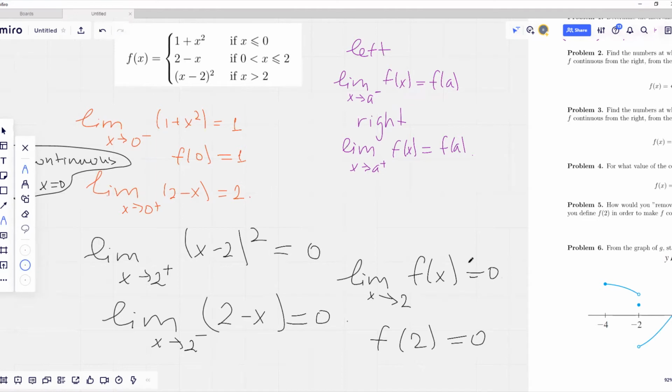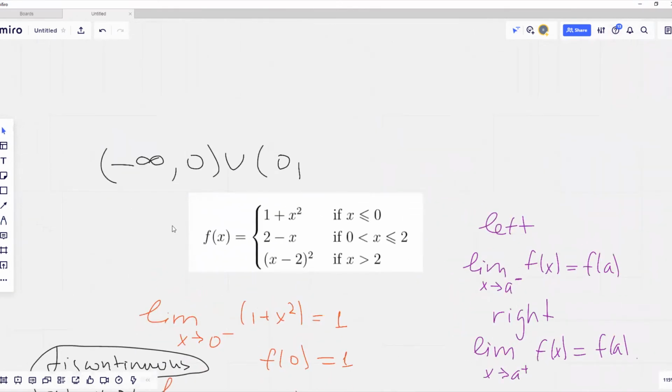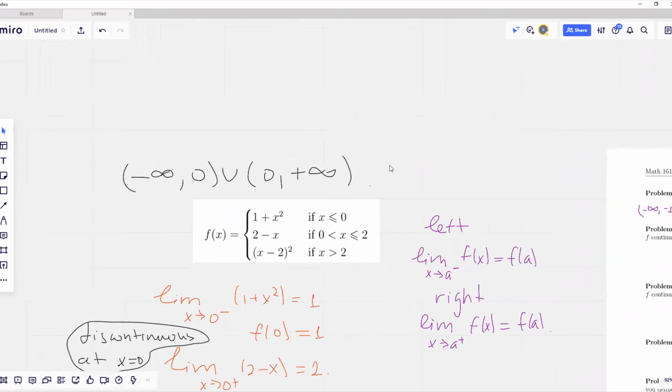So conditions for our function being continuous at point 2 are satisfied, meaning that the intervals where our function is continuous is from minus infinity to 0 and from 0 to plus infinity. Okay.